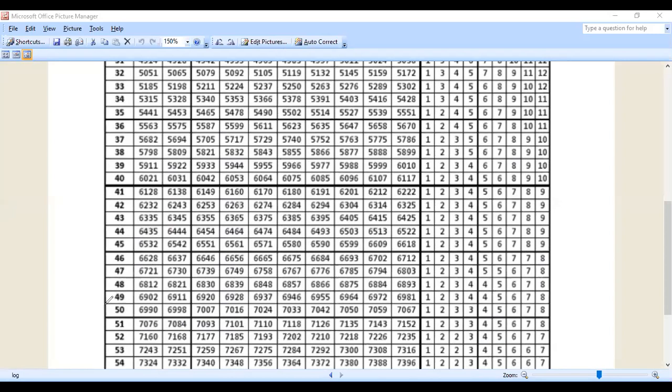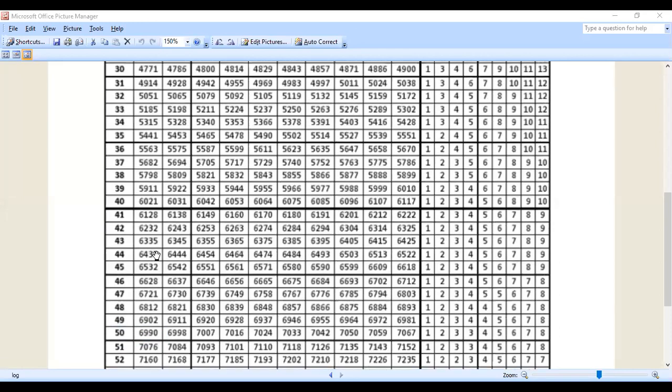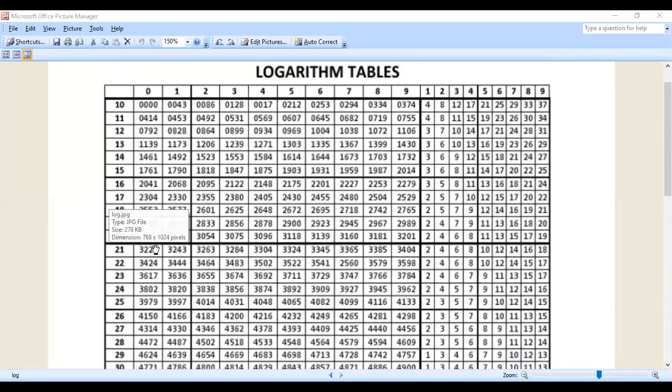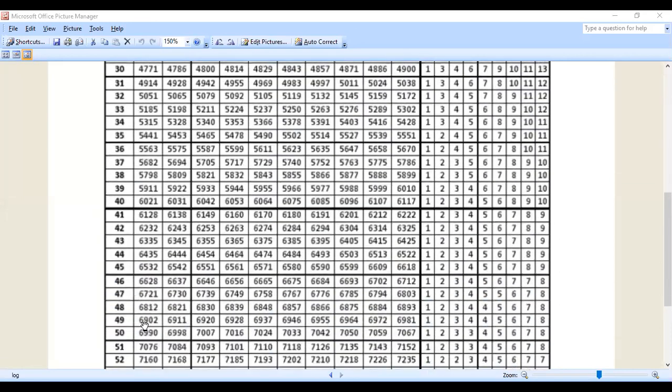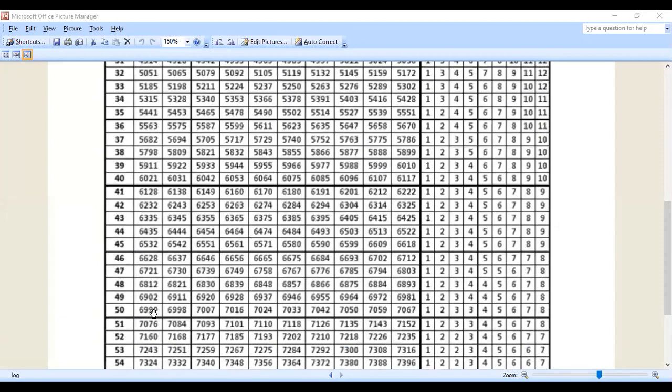Now please try to understand. Log 10 50 value we want. For log 10 50, first of all go to 50 in the logarithm table. In 0 you see the value opposite to 50. See in 0, 50's value is given as 6990.